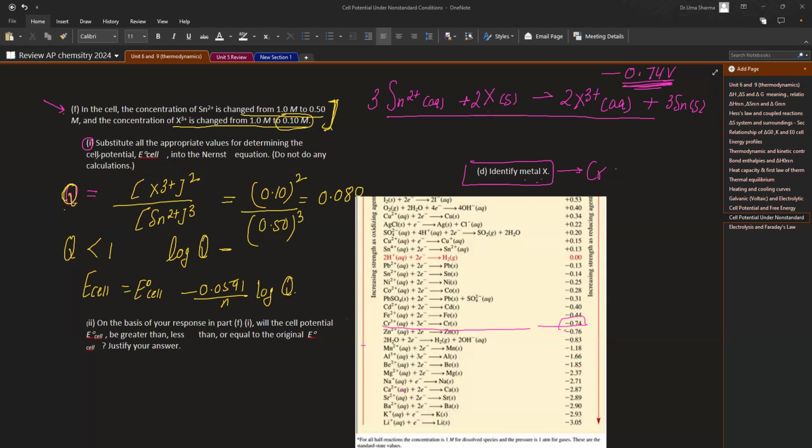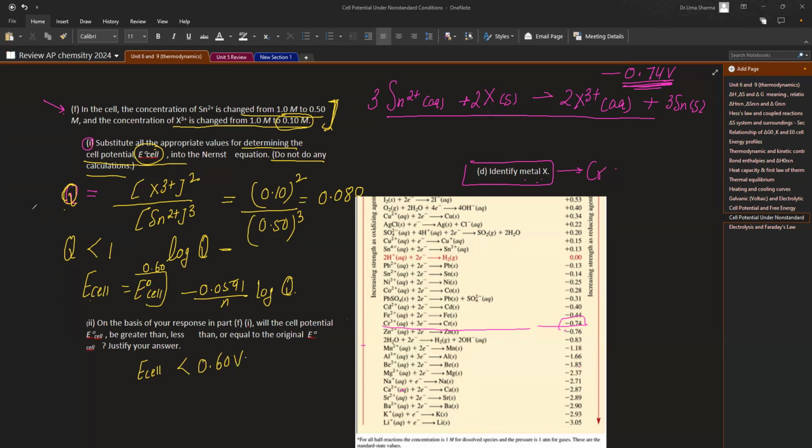See, do not do any calculations. Determining the cell potential, E naught cell. So what is E cell, greater than or less than? You already know E naught cell. Remember in one of the questions they mentioned it is 0.60. So it means E cell will be less than 0.60 volt or more than.